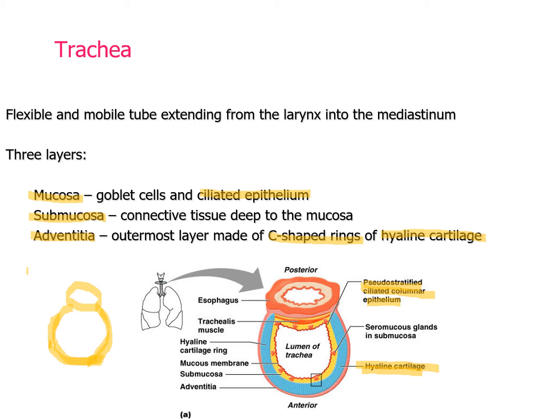Often the smaller ring is the upper one here. The smaller ring is collapsed and has a lot of muscle tissue around it. That's the esophagus. And the larger one that remains open and has hyaline cartilage, that's going to be the trachea right there. And that's what you see in this diagram here. And that's a typical cross section through the neck below the larynx.